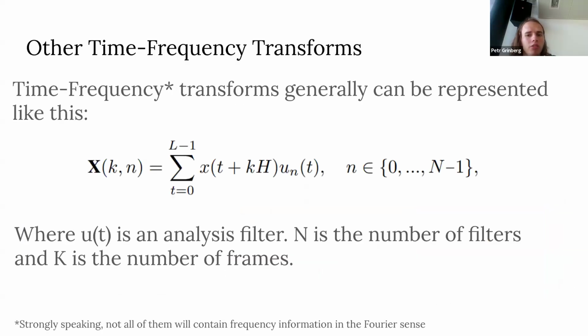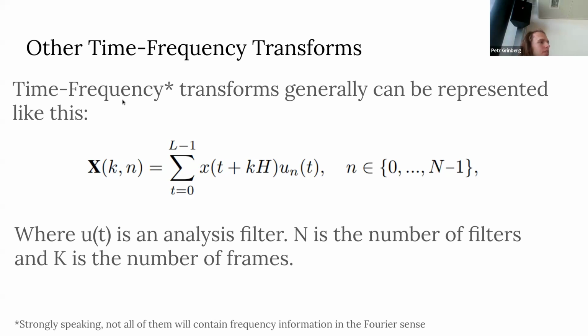In general, time-frequency transforms look like this. You have some matrix which is equal to the sum of x at some point multiplied by a vector at another point, where these vectors are called analysis filters, and N is the number of filters. K is the number of frames. So when you use a hop size, one column in your STFT is one frame.